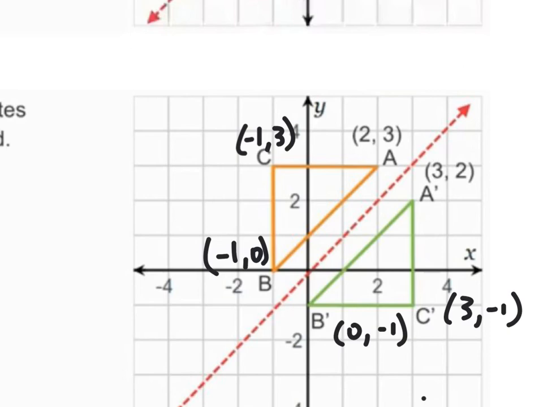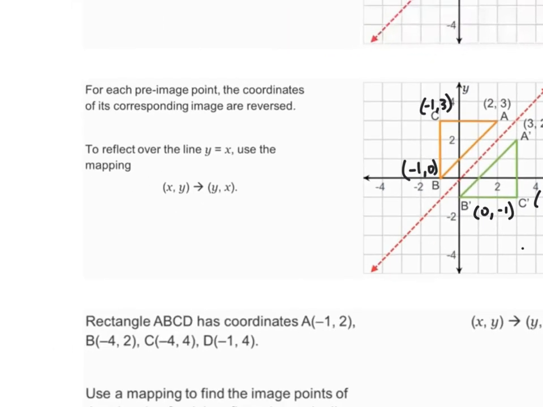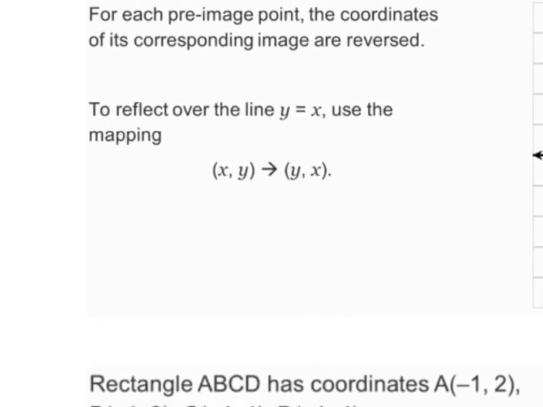So the question is, going from one point to the next, A to A prime, B to B prime, C to C prime, what are you noticing? And what you should notice is that the X and Y values are flipped, okay? So here, I have this point here, 2, 3, and then I have 3, 2. All I'm doing is flipping those X and Y values, okay? So to reflect over the line Y equals X, we use this mapping of X, Y. This is my original point, and then this is my image, my result, okay?